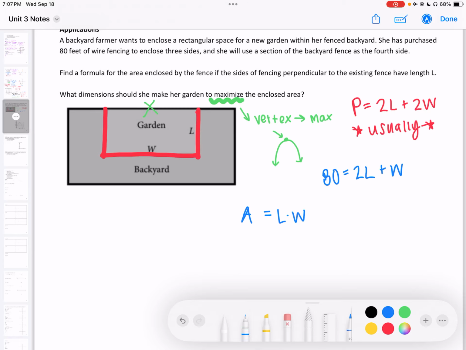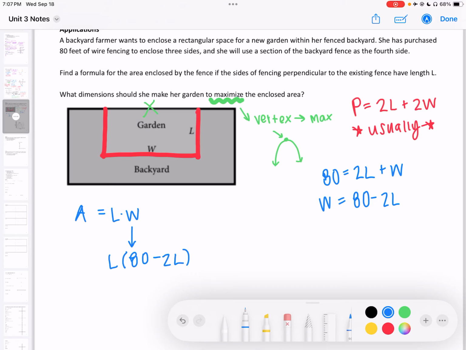I'm going to move that over here to the side because that'll become relevant in a minute. Let's go ahead and set this one equal to W. We'll say 80 minus 2L. And now we can rewrite length times width as length times 80 minus 2L.